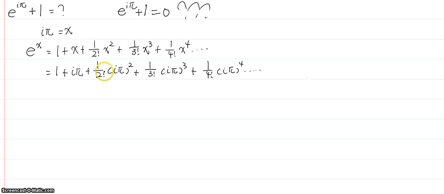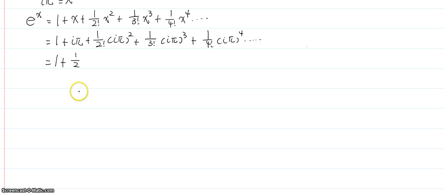Now you're wondering, how could this be simpler, since this doesn't look simpler at all. But wait, I'm going to regroup this whole thing into two groups. First, the even terms: 1 plus 1 over 2 factorial (i pi) squared plus 1 over 4 factorial (i pi) to the fourth.